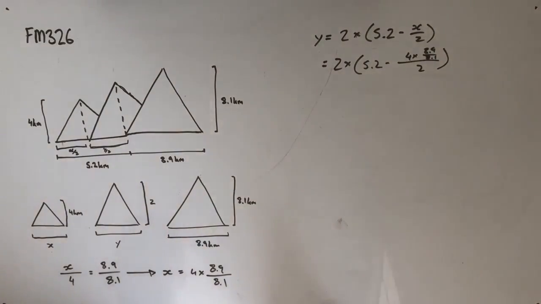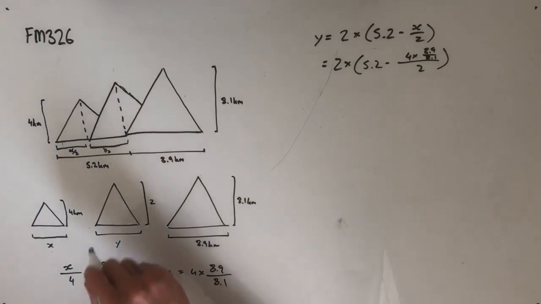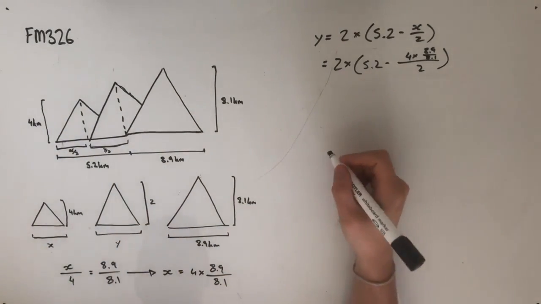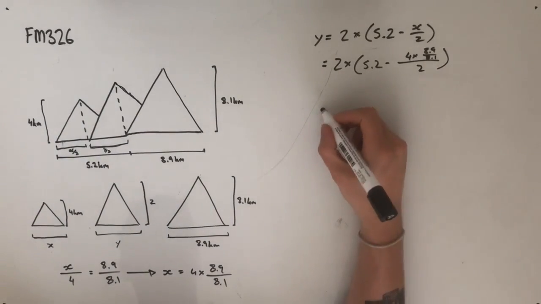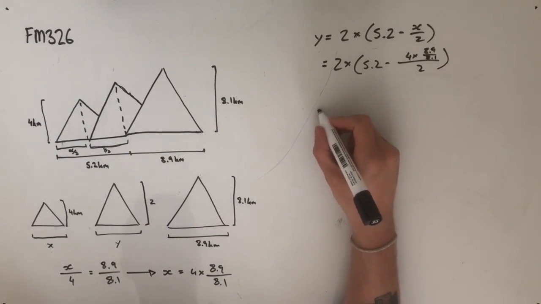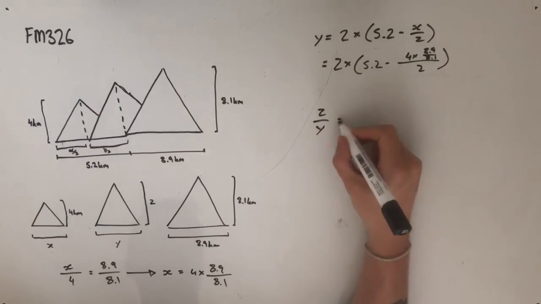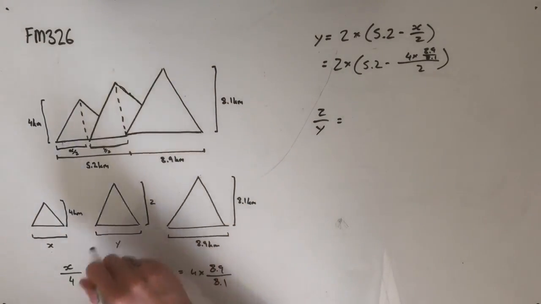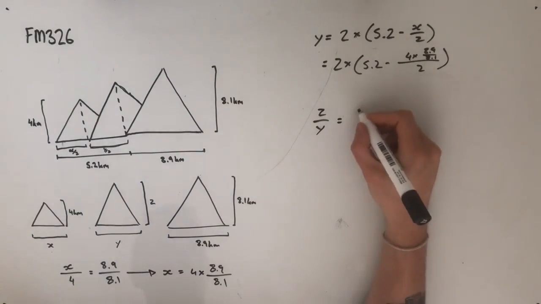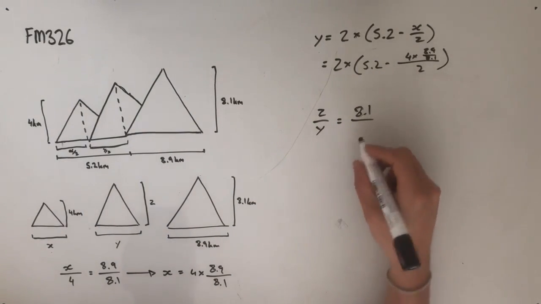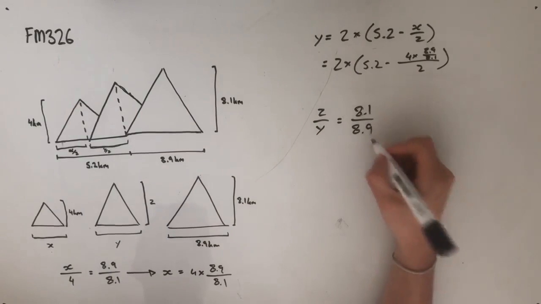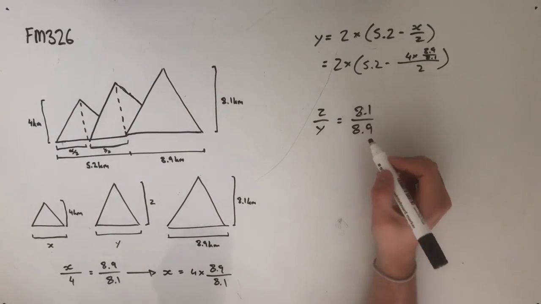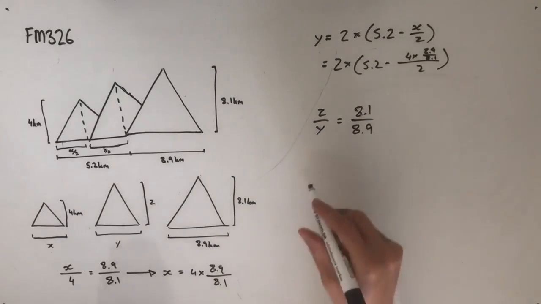We've now got a value for Y, so we can relate Y to Z. The height of our middle mountain over the base length of our middle mountain should be equal to the height of our large mountain over the base length of our large mountain. So Z over Y should be equal to 8.1 over 8.9.